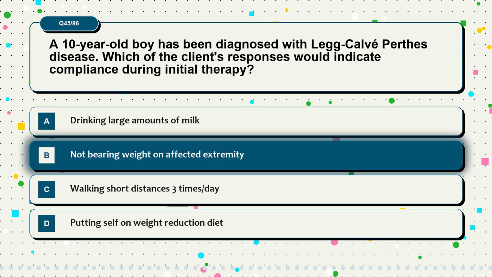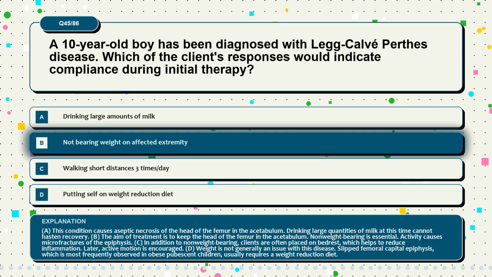The correct answer is option B. Not bearing weight on affected extremity. This condition causes aseptic necrosis of the head of the femur in the acetabulum. A. Drinking large quantities of milk at this time cannot hasten recovery. B. The aim of treatment is to keep the head of the femur in the acetabulum. Non-weight bearing is essential. Activity causes microfractures of the epiphysis.